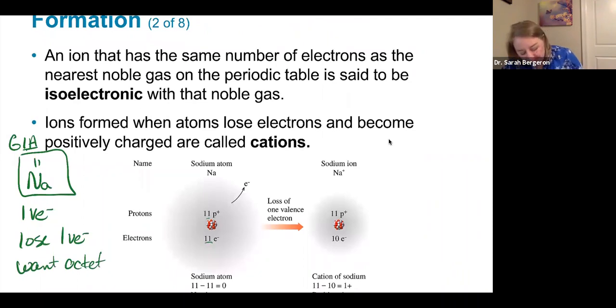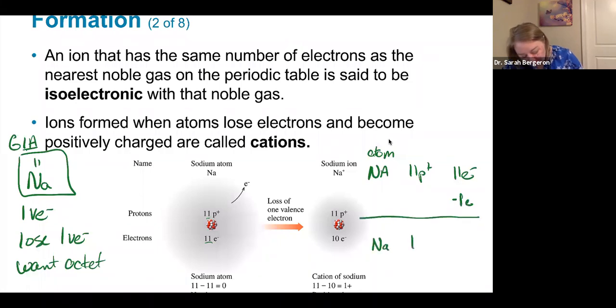So what did we start out with? We started out with the sodium atom. This is the atom. And we had 11 protons and we had 11 electrons. So when sodium loses 1 electron, we're going to subtract 1 electron. We're going to have 11 protons, but instead of 11 electrons, now I'm only going to have 10 electrons.